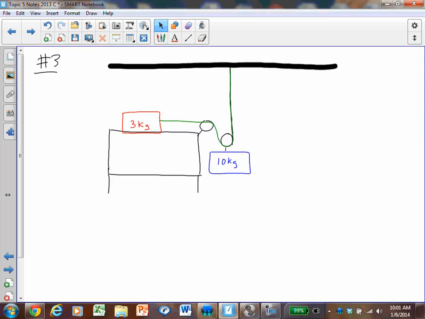So this is just floating in free space because it's got the rope on it. Yeah, I know, but that's all right. So let's get to the free body diagram for these.